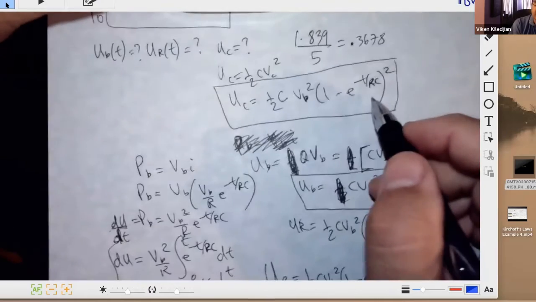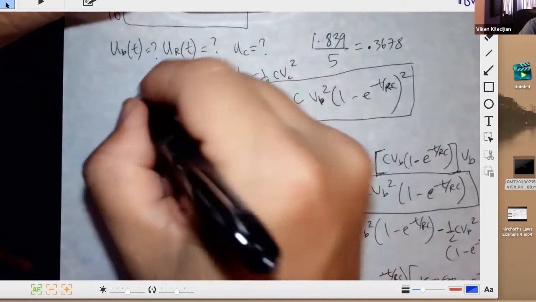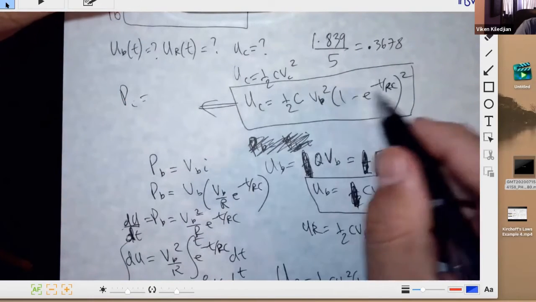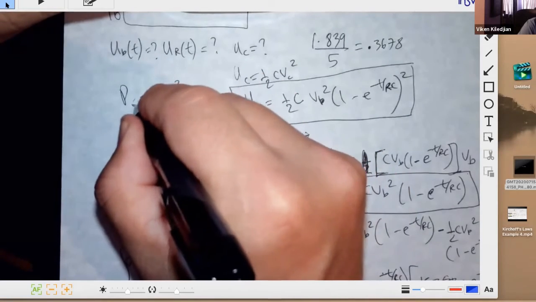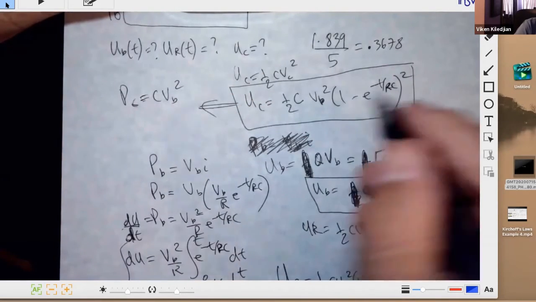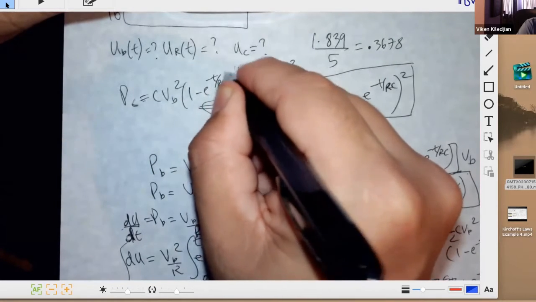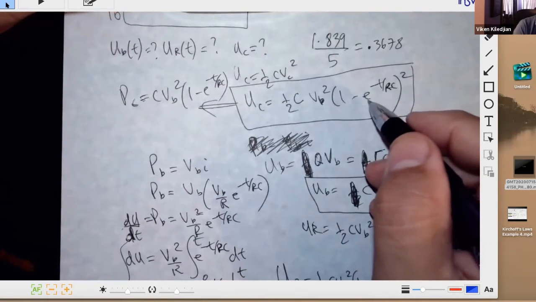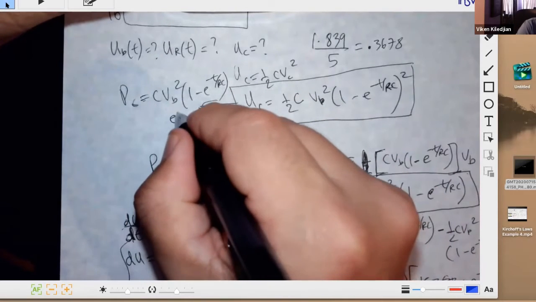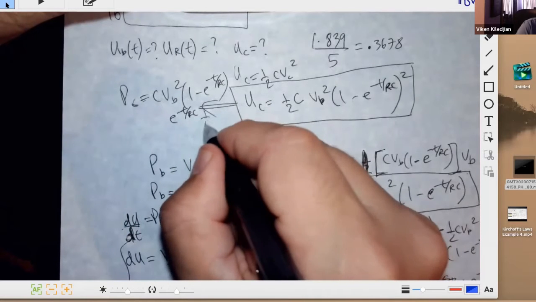If we differentiate this, you get the rate at which energy is being stored in the capacitor. Power of the capacitor, the derivative of this: the 2 is going to come down, CVB squared, and then the derivative of this is going to be 1 minus e to the minus t over RC, and then the derivative of the inside is going to be e to the minus t over RC times 1 over RC.